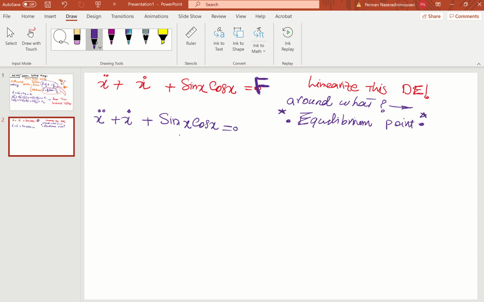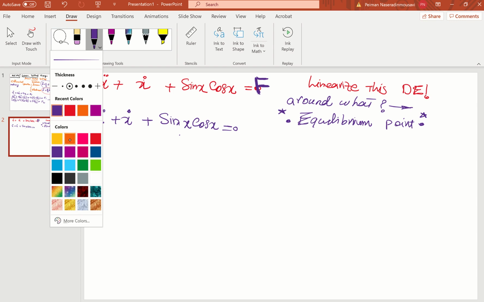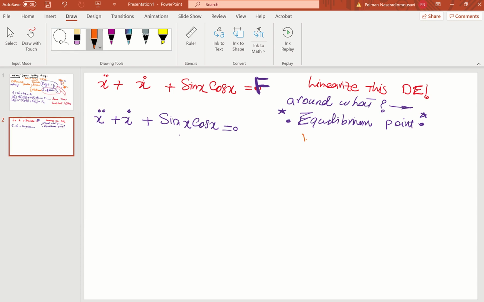Based on my definition, I told you equilibrium point is a point where the system remains at rest. Physically it means the system has no velocity, has no acceleration. So I'm going to say bye-bye to the velocity and bye-bye to the acceleration to find the equilibrium point.